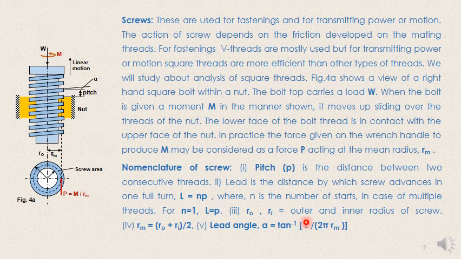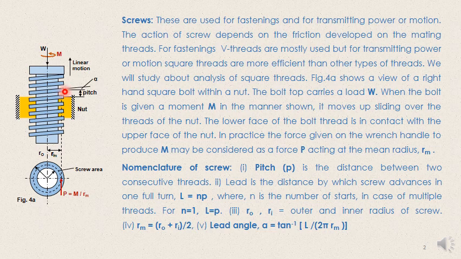Now, what is L? L is called the lead of a screw. The lead is the distance by which the screw advances in one full turn. That means if we give a full turn to the screw, how much it is moving.